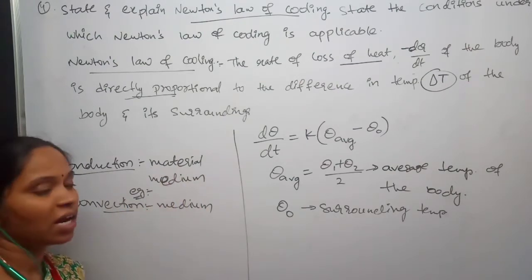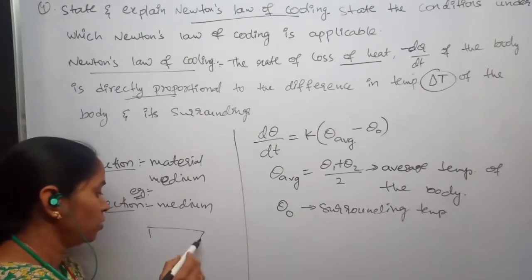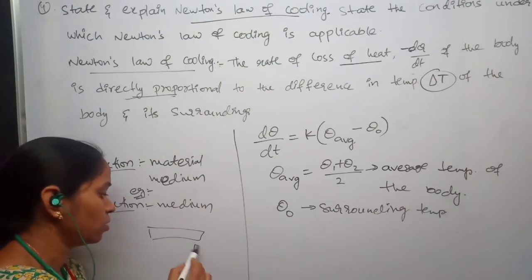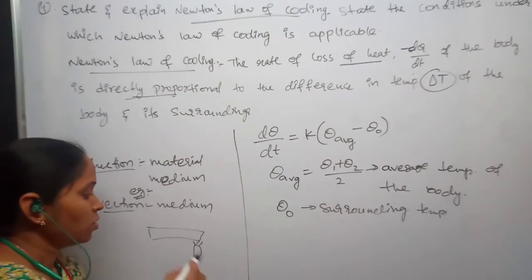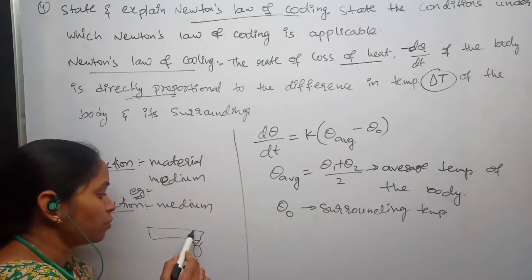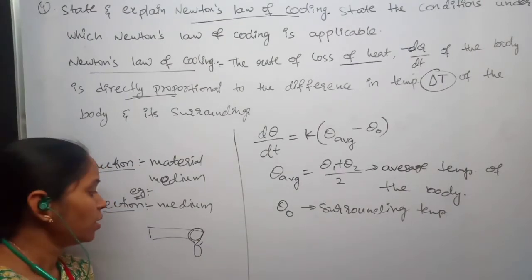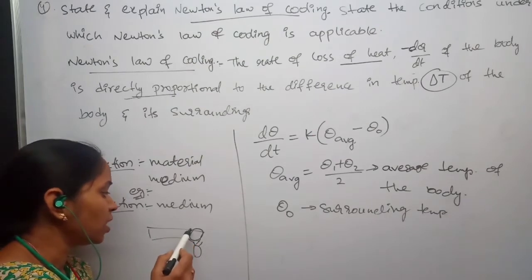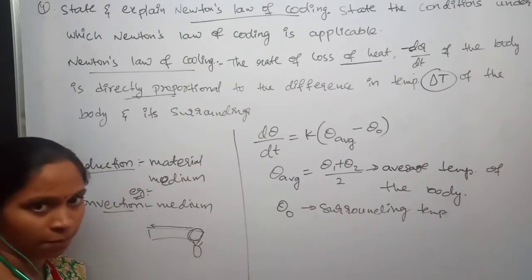For example, I had taken an iron rod and heated one end of this rod. Initially, this part of the iron rod is heated, right? And after some time, the heat transfer takes place from this end to the other end.